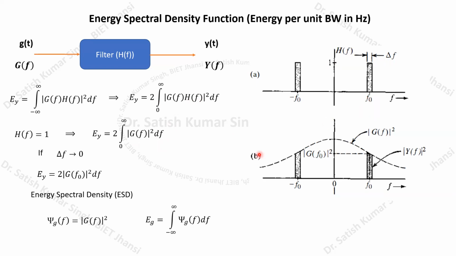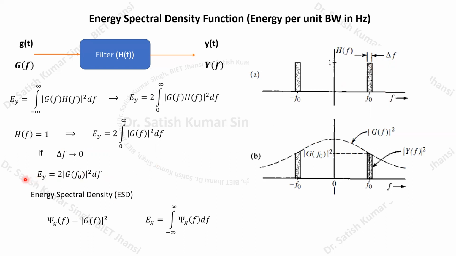In that case I can substitute f equals f naught directly in G(f). So this value is twice |G(f naught)|^2 times df, where df means delta f that we have to multiply. This way we can calculate the total energy.